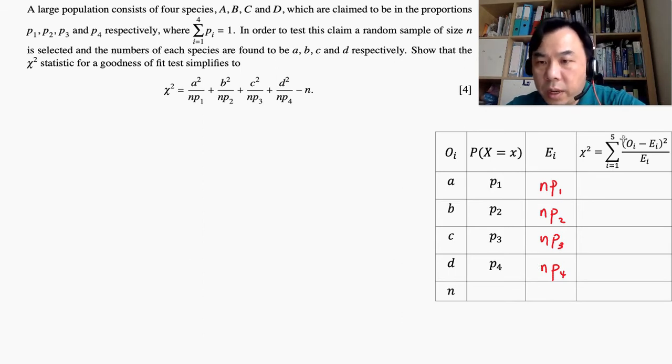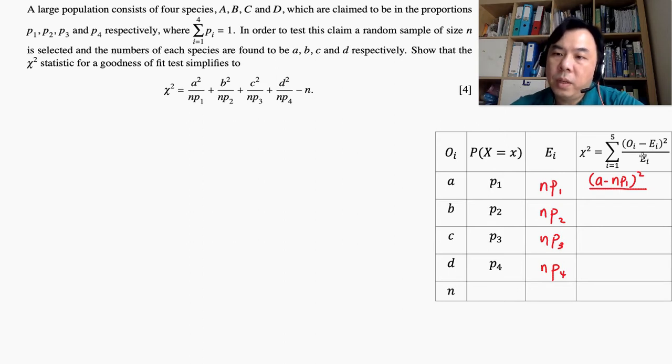I'm going to write down each individual chi-square expression first. Based on the formula, we write the squared difference divided by its expected frequency. Here I shouldn't include the summation, so let me erase it.